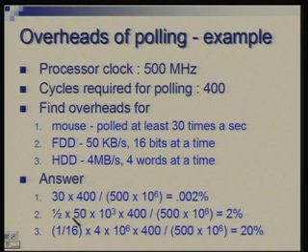So, the number of times we are actually transferring is 50 divided by 2 into 10 to the power 3. So, this is 50 kilobytes per second, taken half of it because it is 2 bytes at a time. So, we must poll at least these many times per second, all right.